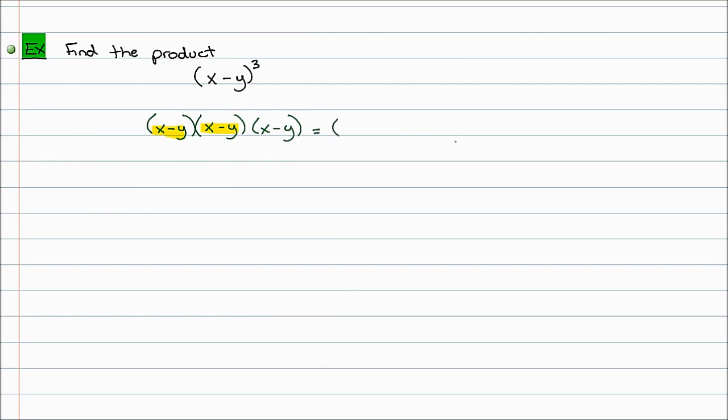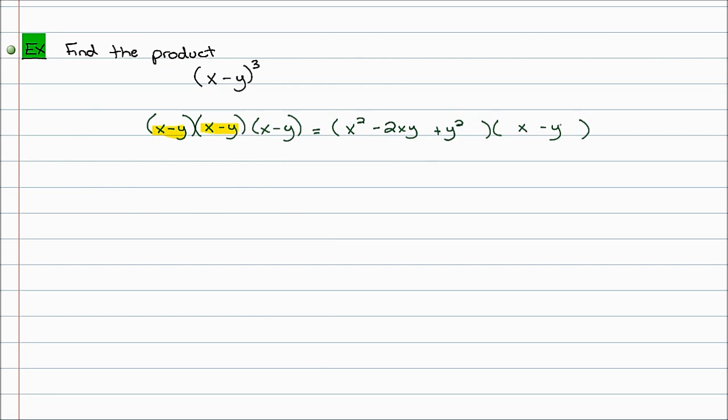Just remember that you're going to get some product, and you still have this x minus y hanging off in the back here. So when you multiply these first two binomials together, they have to be in parentheses. When you do that, you get an x squared minus an xy minus another xy, so that would be a minus 2xy. And then finally, plus y squared.